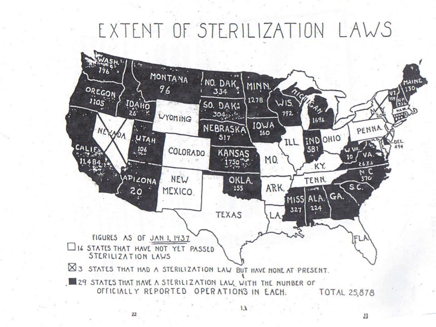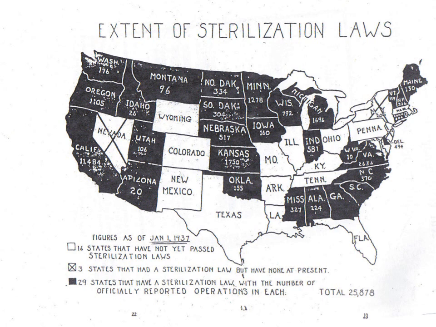As of January 1st, 1937, you can see the extent of sterilization laws across the United States. 16 states by 1937 had not yet passed sterilization laws, Missouri included in that. And I'm fairly sure that Missouri never passed a sterilization law. 3 states had sterilization laws but did not have any by January 1st, 1937.